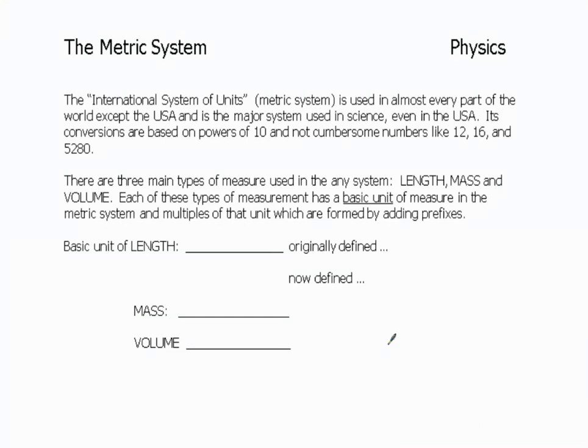So the basic unit of length is the meter. This was originally defined as 1/10 millionth of the distance to the North Pole.